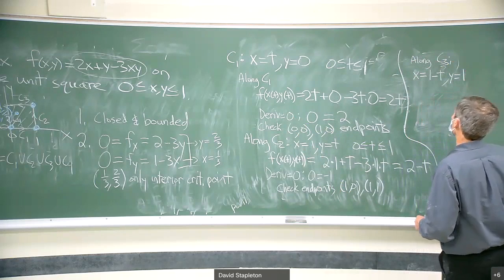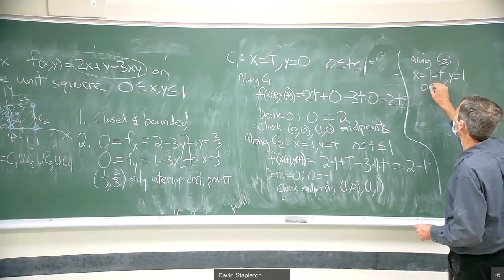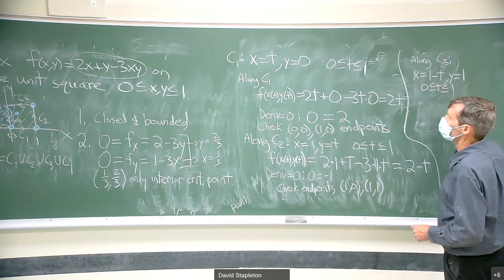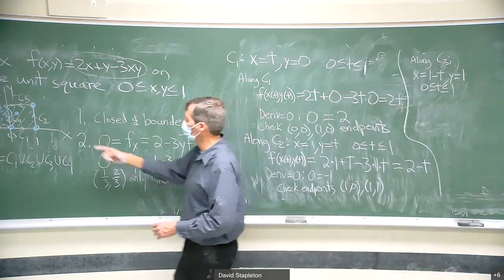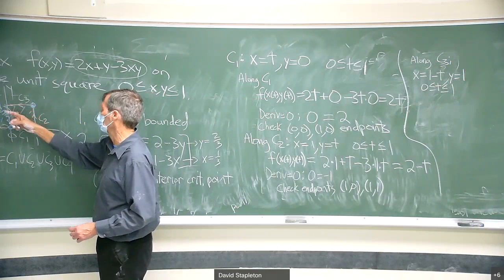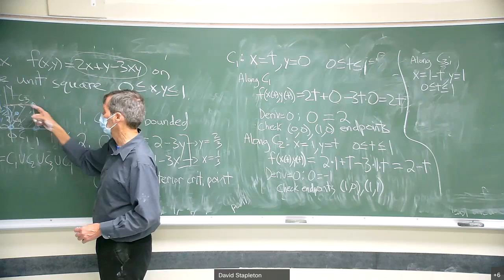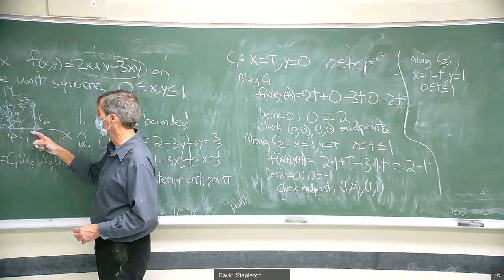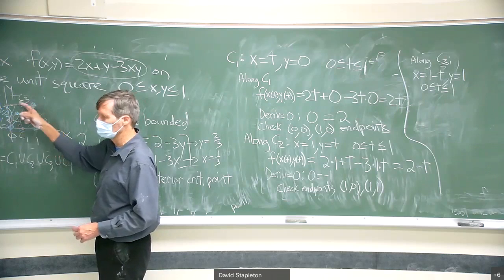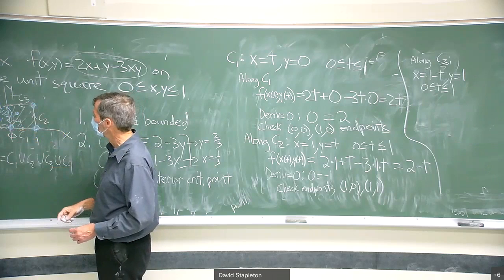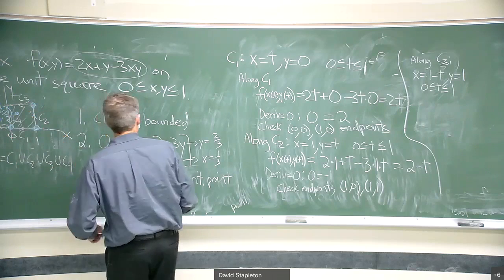And now as t goes from 0 to 1, this runs from the 1, 1 point back this way. You can just make it easier and go the opposite direction. We don't need to keep a consistent direction. We're not using one of those theorems from last semester. So we can just run it this way, actually.